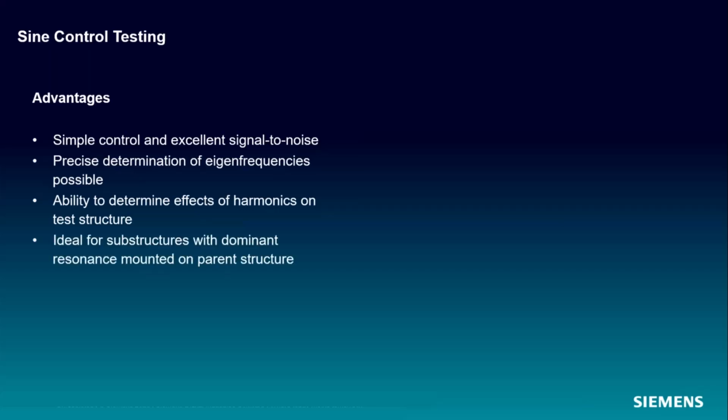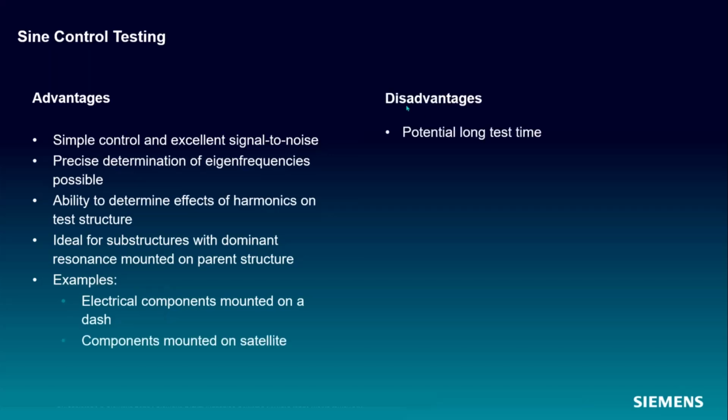Because you're exciting one frequency at a time, you can see the effect of the harmonics of that excitation. So you're exciting at 50 hertz, you may also see the effects at 100 hertz, 150 hertz, 200 hertz, etc. And sine testing is ideal for substructures that are going to be mounted on a parent structure. For example, a turbocharger on an engine is going to be driven by the rotational speed of the engine, which is essentially a sine sweep.